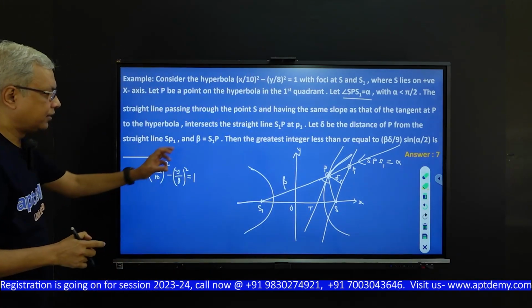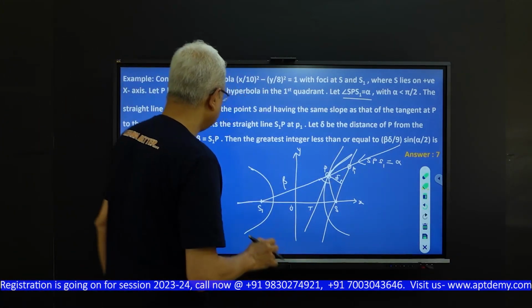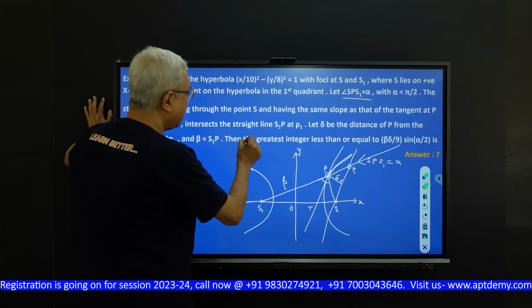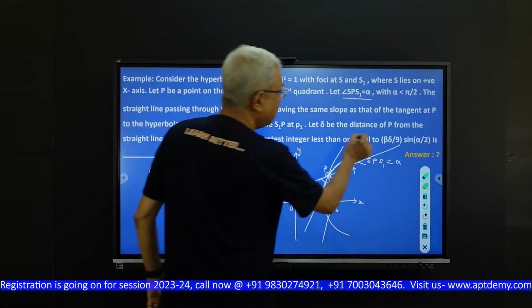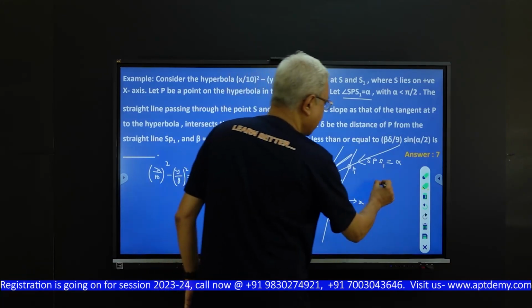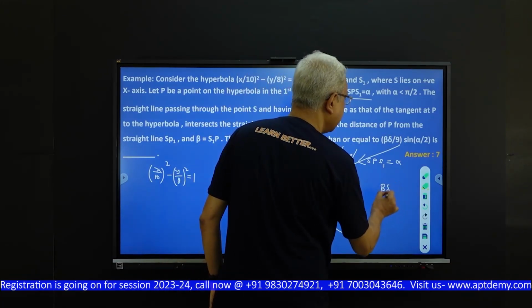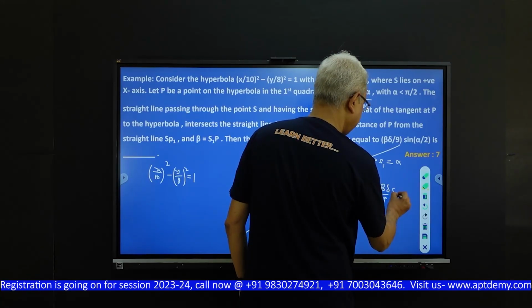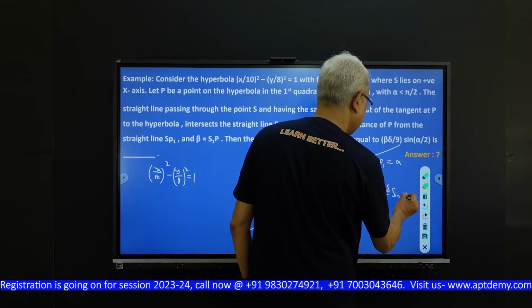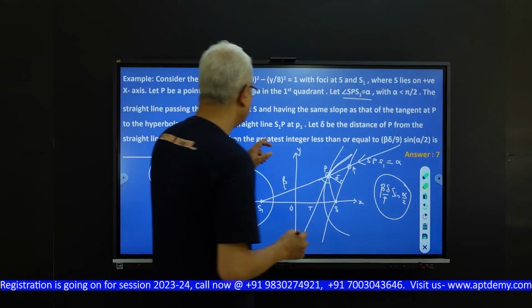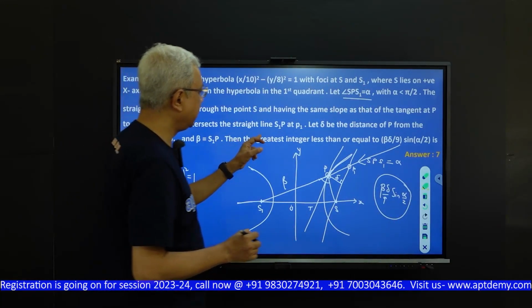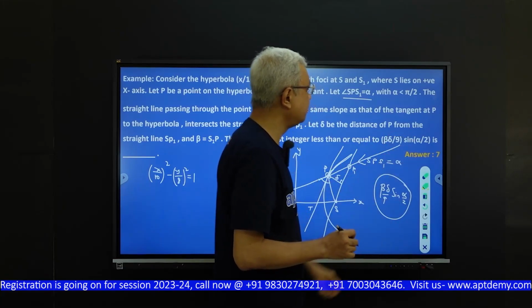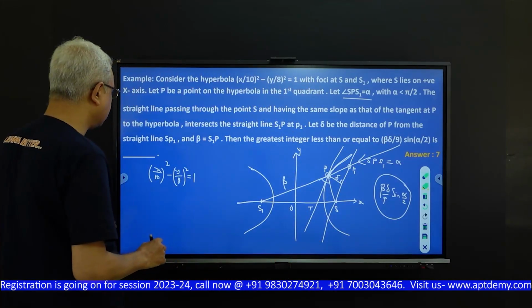So with this description, it is asked to find the greatest integer less than or equal to beta delta divided by 9 sine alpha by 2.